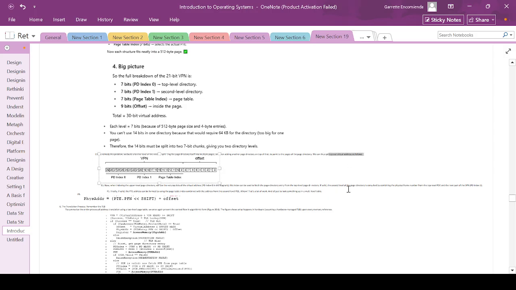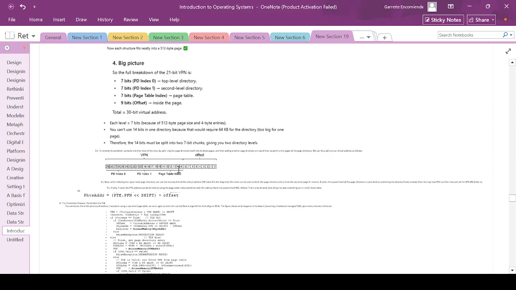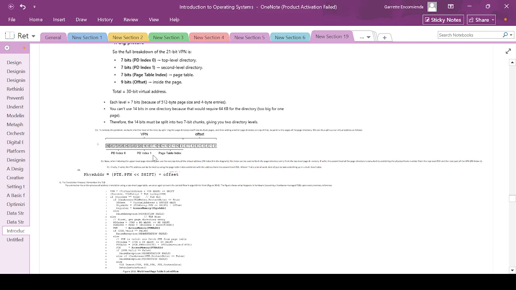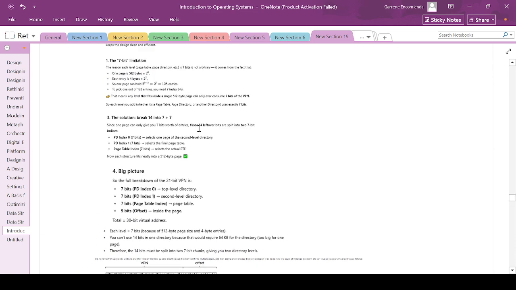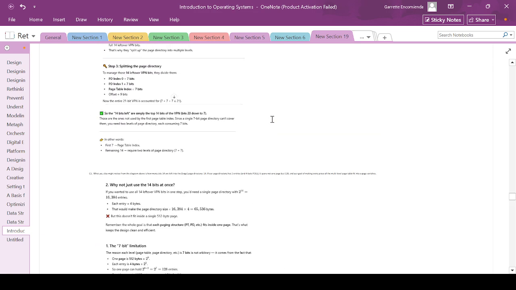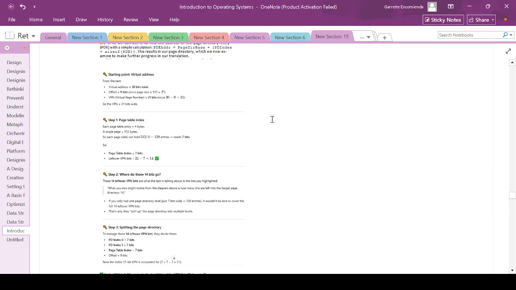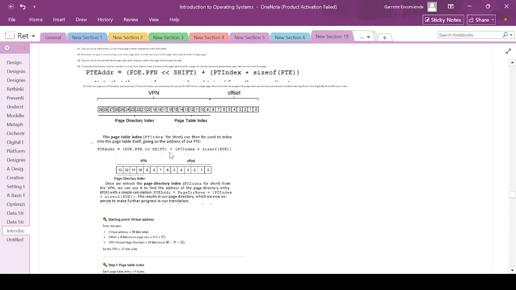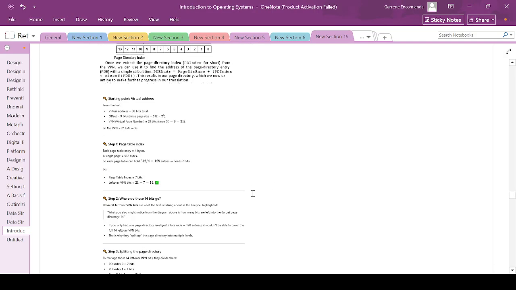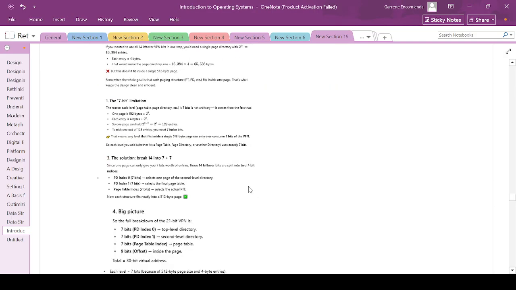We can then split our virtual address as follows: PD index 0, PD index 1, and then the page table index that points to the actual page table entry. That's why the formula for the page table entry address requires the index, because we need to get the page table index in this multiple level.